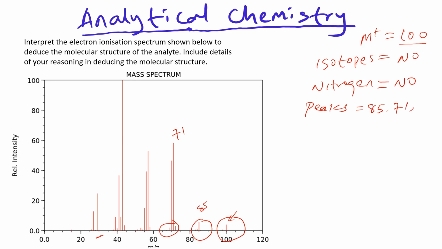Let's look at this cluster here. Here we have our tallest peak at 57. And look at this cluster here. Here is where we have our base peak, and it's at 43.